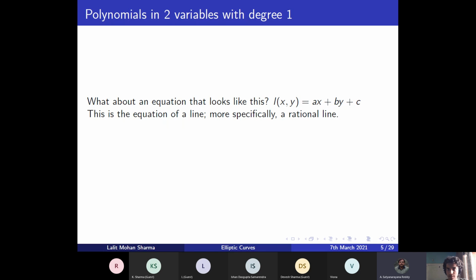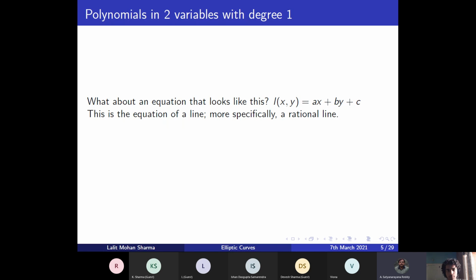Before that, I'll ask one question. The earlier equation was a polynomial in a single variable, and there you completely figured out all the rational points. Here, getting one rational point is easy, as Lalit told: you substitute a rational for x, then y also becomes rational, provided a, b, c are rational. But in general I want to find all rational points. I'm not saying we'll answer it, but generally the questions one can ask are: finding one rational point first, then finding all rational points.